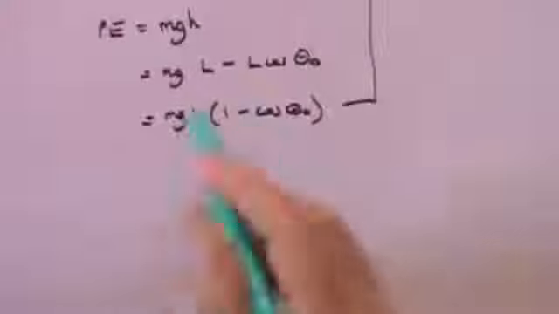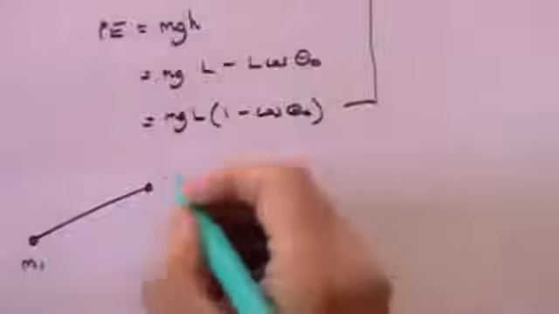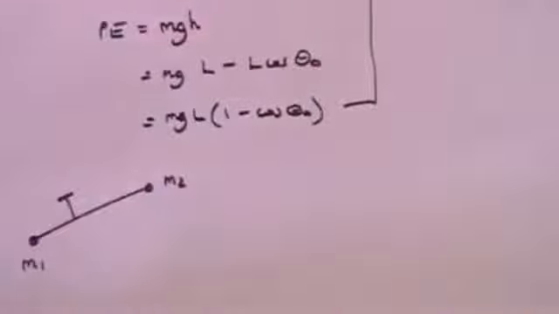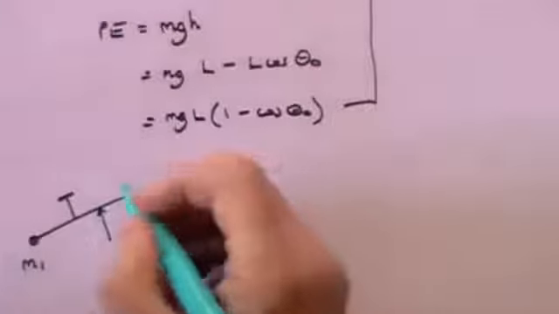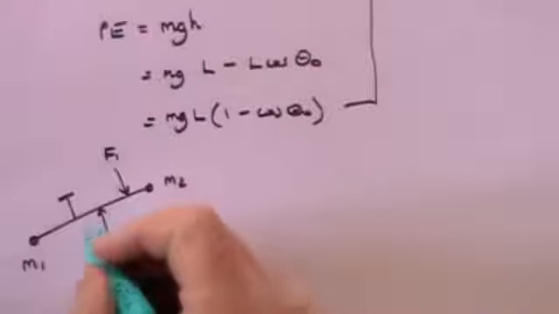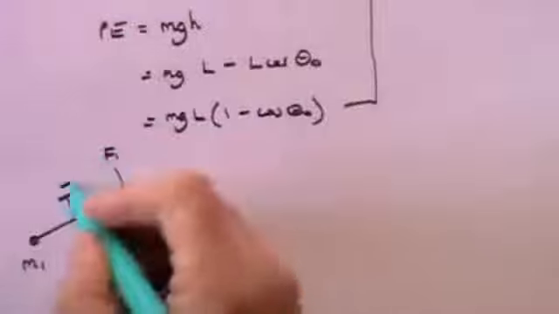Let's go back to our massless rod with two masses at each end, M1 and M2. Once again, we pivot it at that point, and this time we're going to apply two forces, but in opposite directions. This is F1, this is F2. F2 is at a distance x2 from the origin, or from the pivot point.